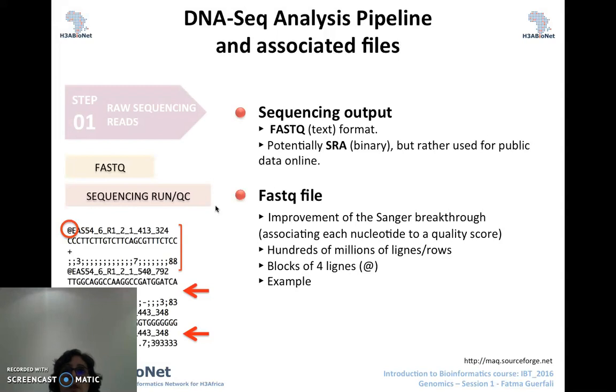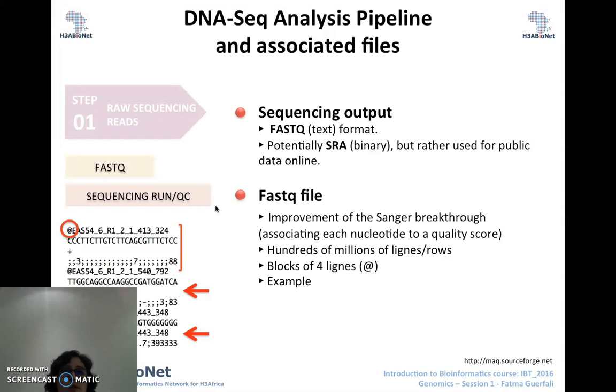So what do they contain, these FASTQ files? In fact, they contain millions of rows, of course. Each read is represented by a group of 4 lines. So the first line starts with an @ sign. So each read basically would be identified by that @ sign, because to that sign is associated the sequence name, which is a unique identifier for the read. Then you have the sequence itself.